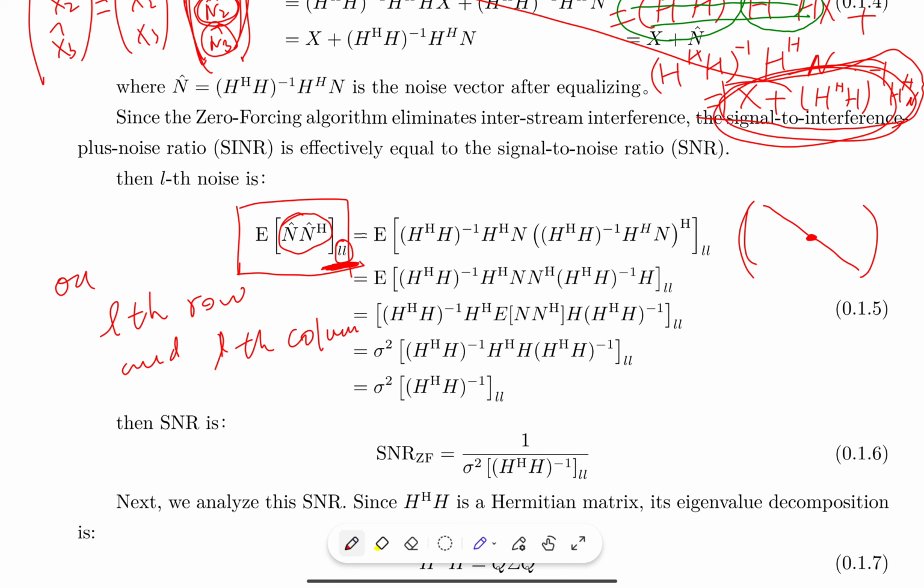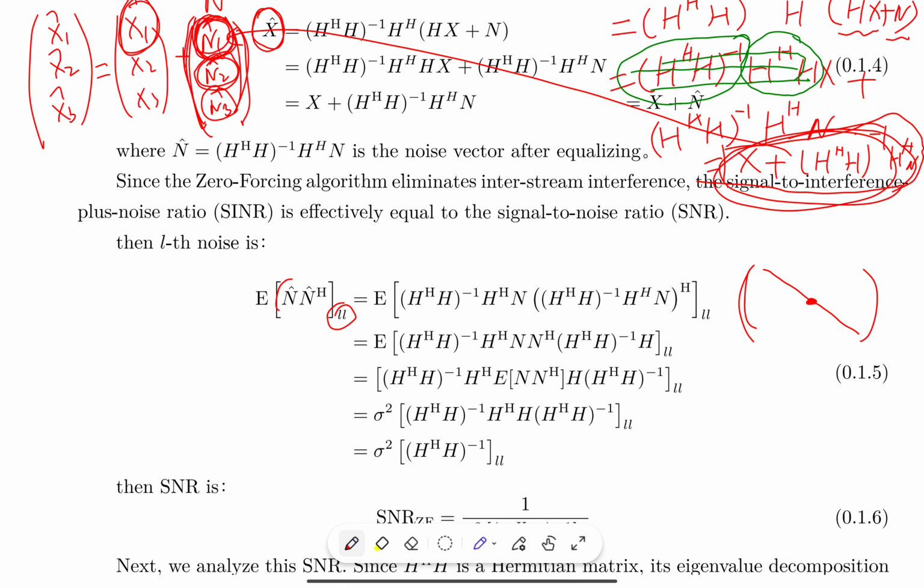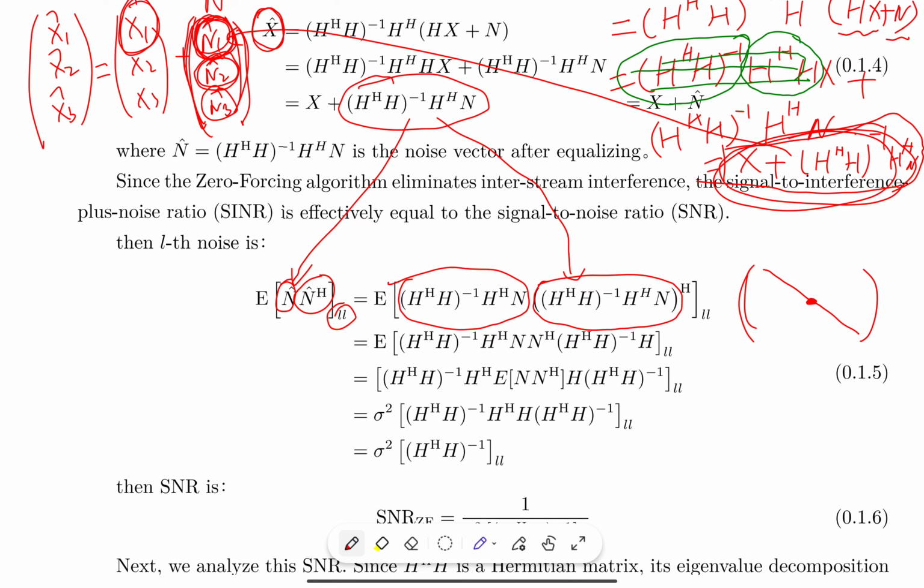So we use LL to mean the element on the L-th row and L-th column. We substitute this expression, and the conjugate and transpose apply here as well. So now the last one, we can get this one.